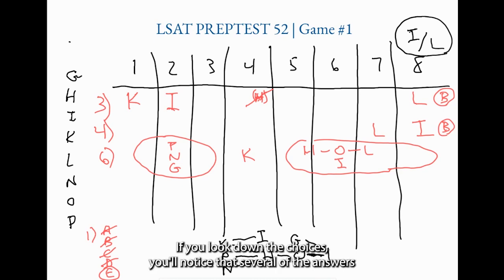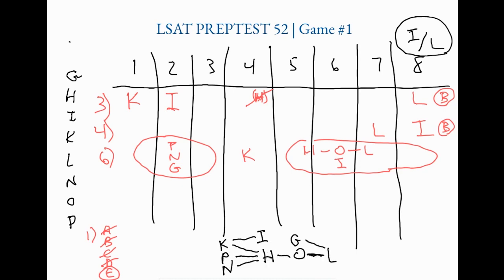If you look down the choices, you'll notice that several of the answers simply put a player on the wrong side of K. It's true of answer A, and C, and E. It leaves B and D, both of which have a player on the correct side of K. So how do we rule down further?